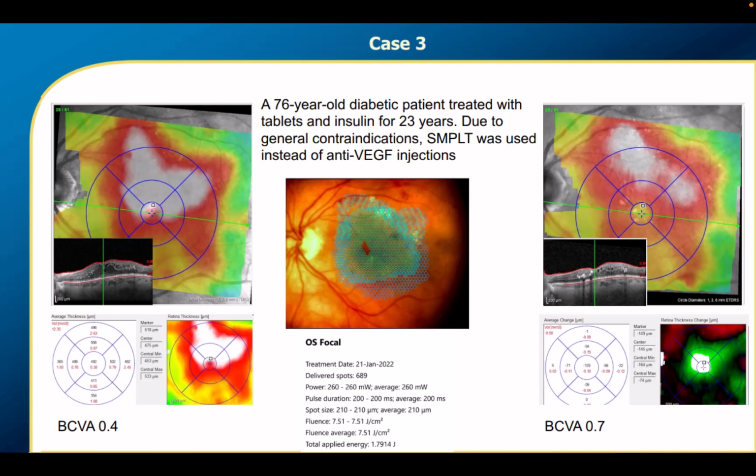In this case, 689 spots were delivered using 260 milliwatts of laser power with a duration of 200 milliseconds at 5% duty cycle, and a spot size of 210 micrometers. We can also see the improvement of visual acuity from 0.4 to 0.7 on Snellen charts.